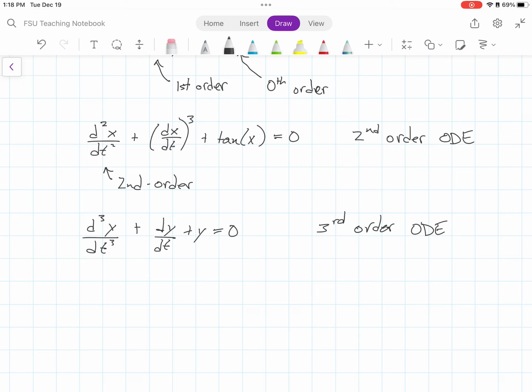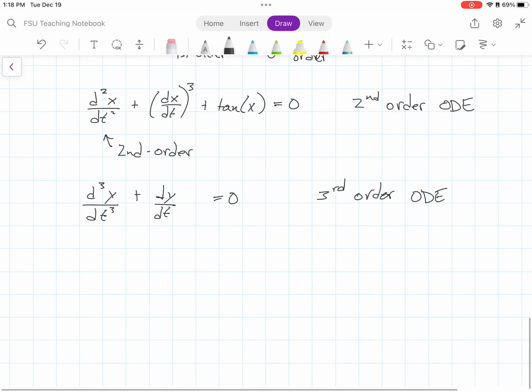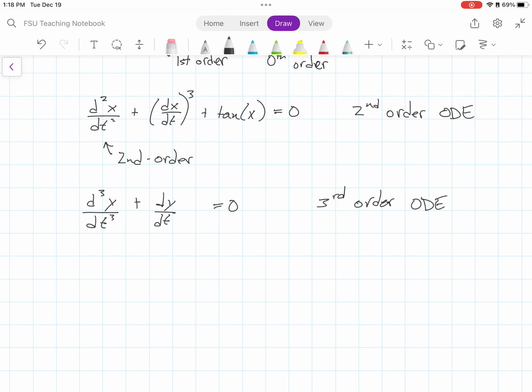Sometimes, if for example this y didn't exist, you want to be careful categorizing these equations, because if there's no 0th order, same if there's no first or second, if you only have higher order derivatives, that can be rewritten as a lower order problem. So if we substitute v equals dy/dt into this previous example, we would have the second derivative of v plus v equals 0, and that's a second order.